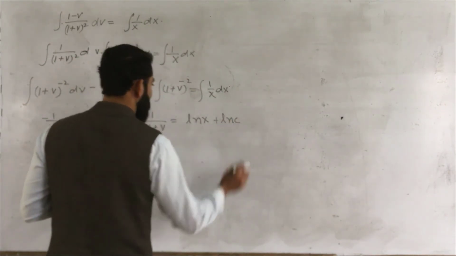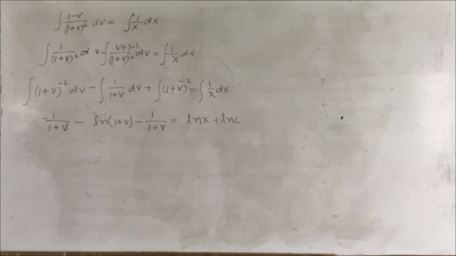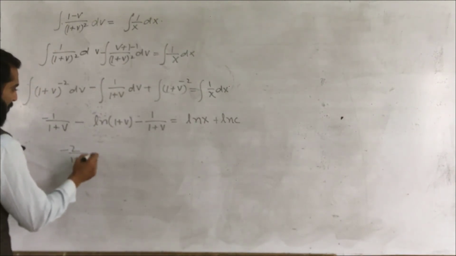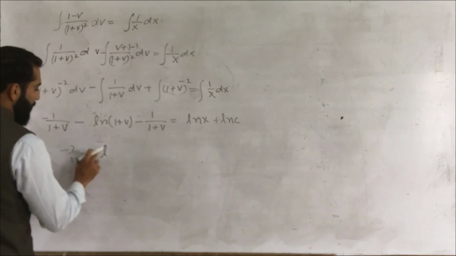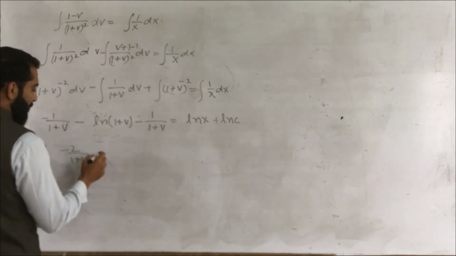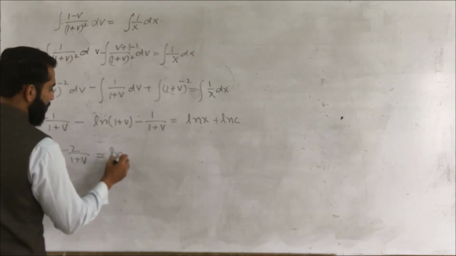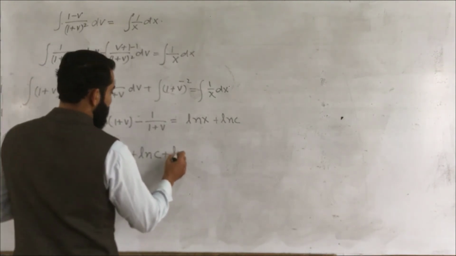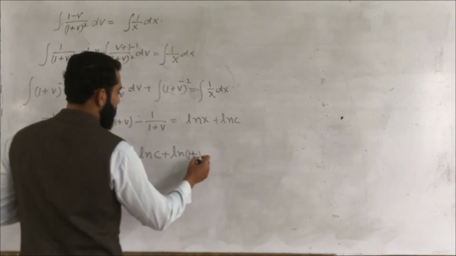Use natural log of c instead of c. This minus 1 over (1 plus v) and minus 1 over (1 plus v) is minus 2 over (1 plus v). And this natural log of (1 plus v) is transferred to the other side, then natural log of x plus natural log of c plus natural log of (1 plus v).